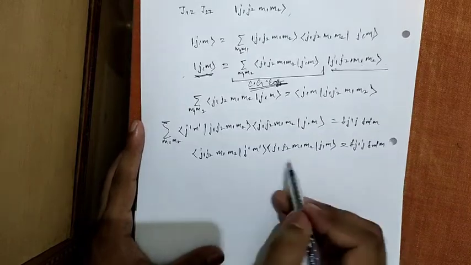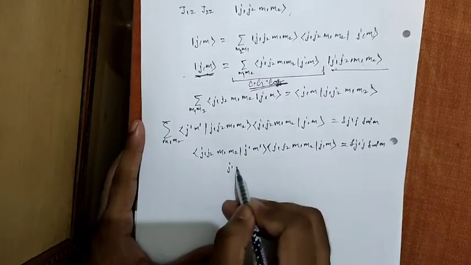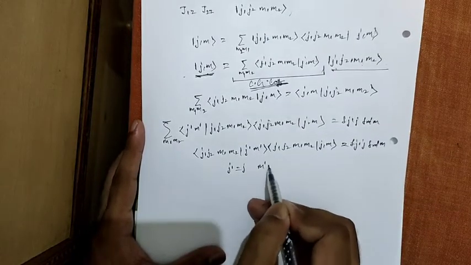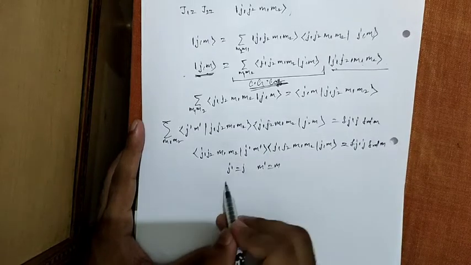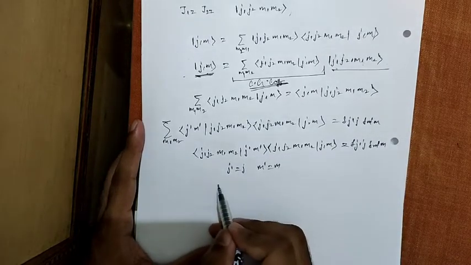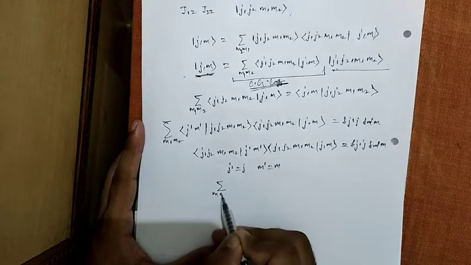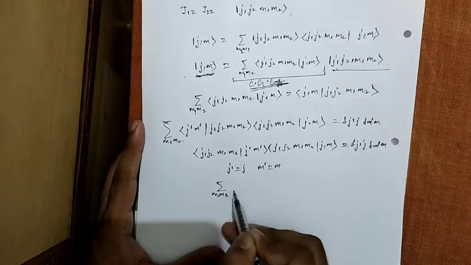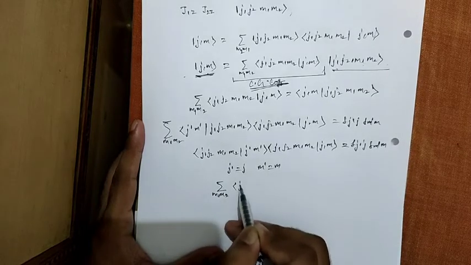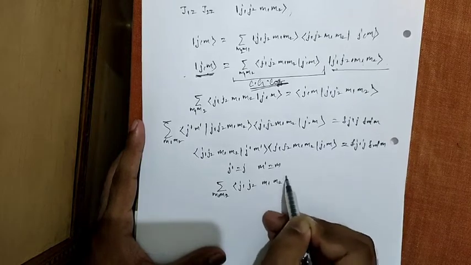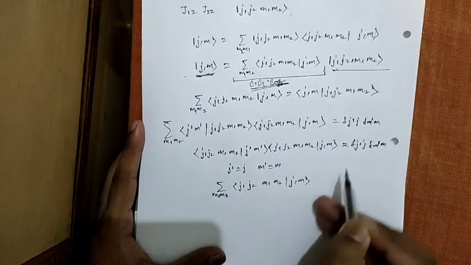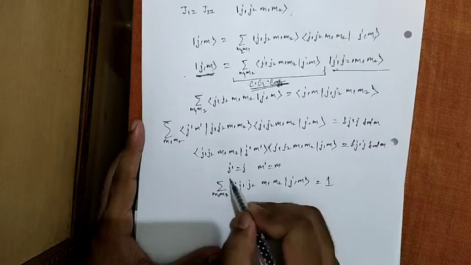Now for J' equal to J and M' equal to M, this whole orthonormalization condition leads us to the summation over M1, M2 of <J1, J2, M1, M2|JM> squared equals 1.